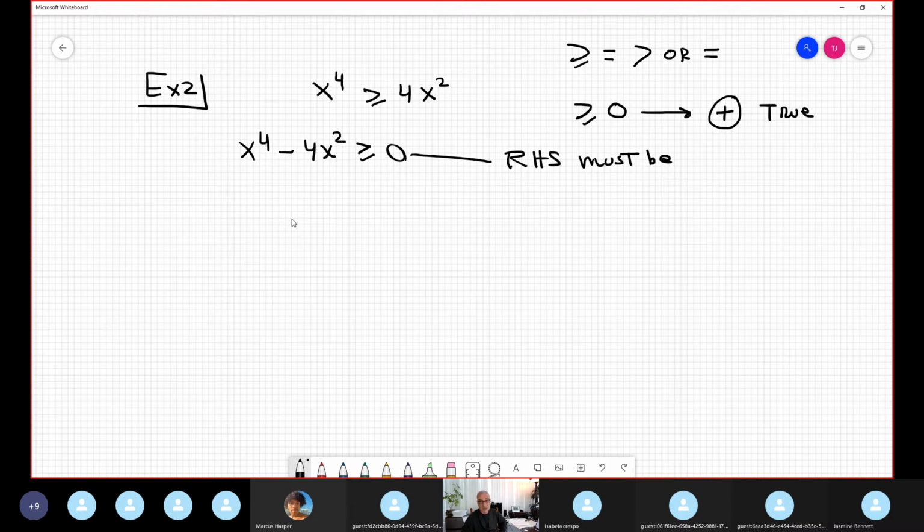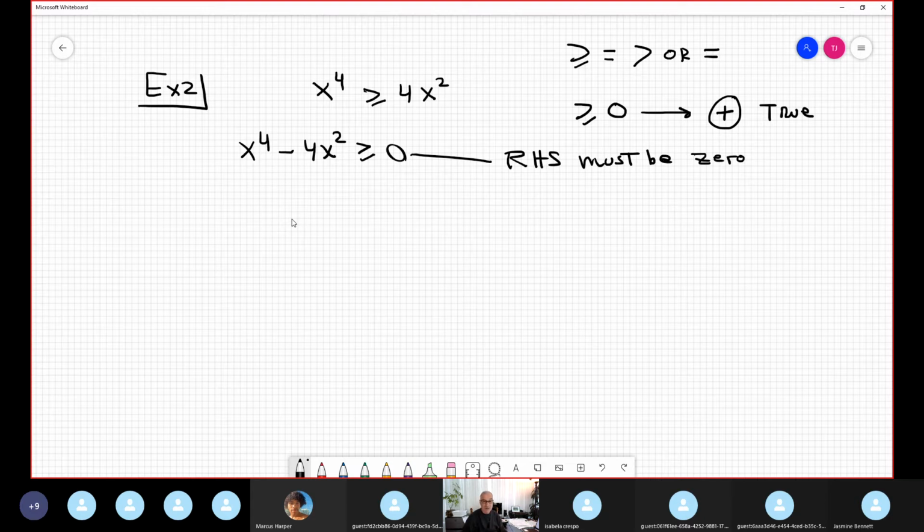I put a complicated inequality, and the first thing you should do is move everything to the left, because the right-hand side must be 0. It's the level of the comparison. Suppose it's the level of the sea, and you need to determine if you are on the water or above the water. This is extremely important.